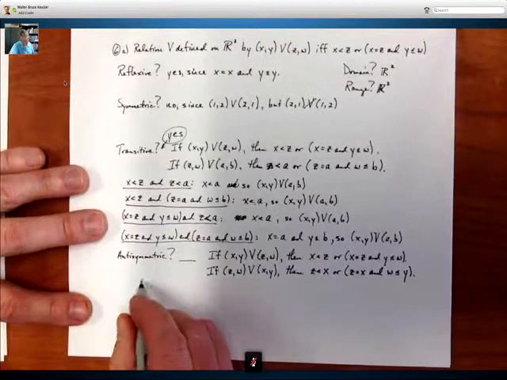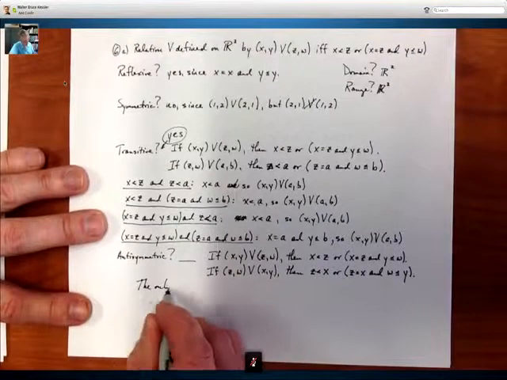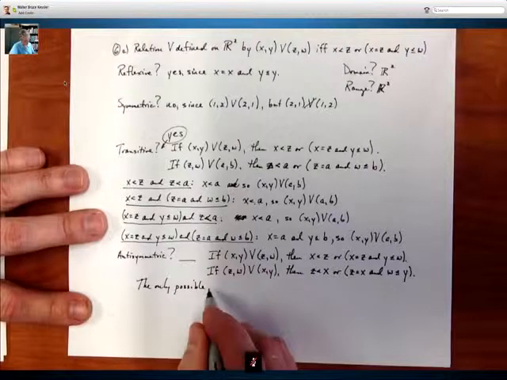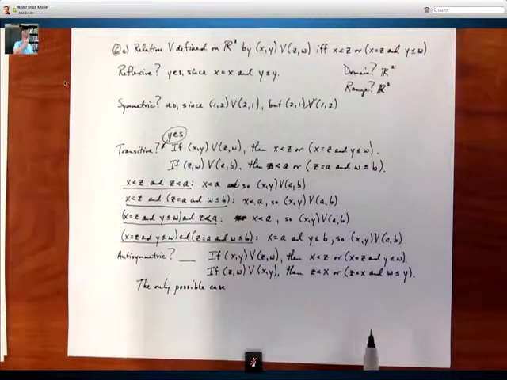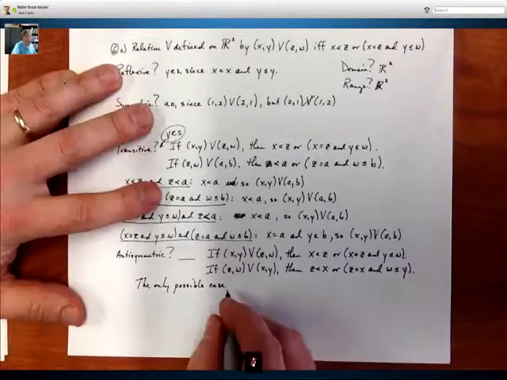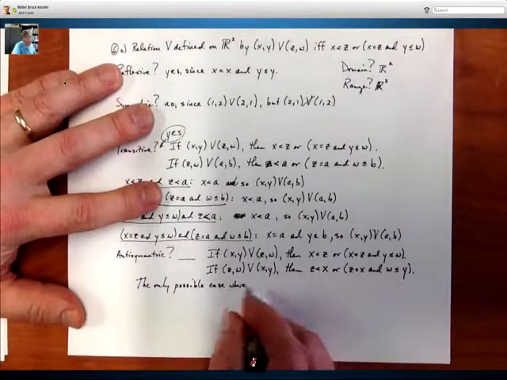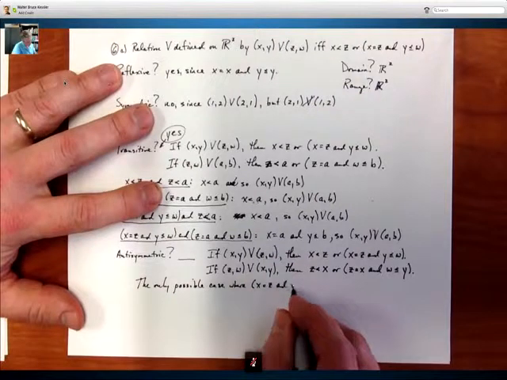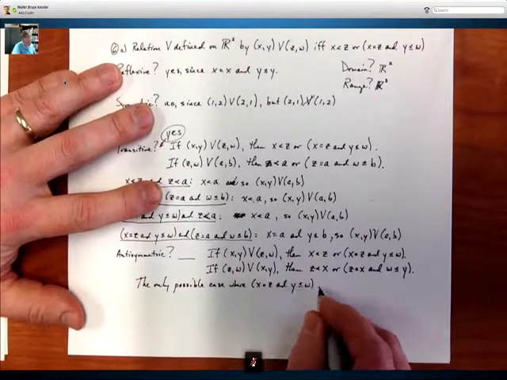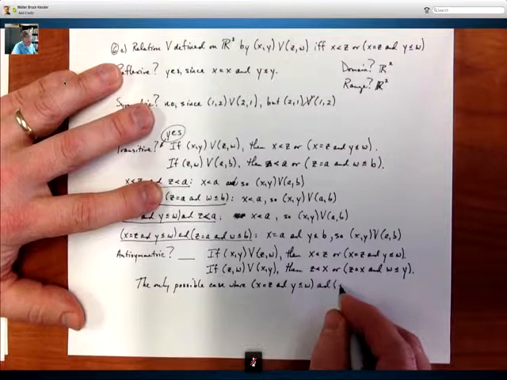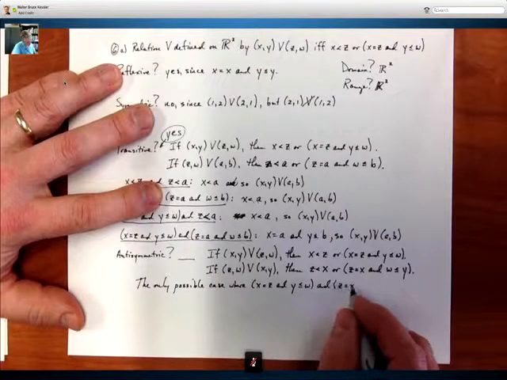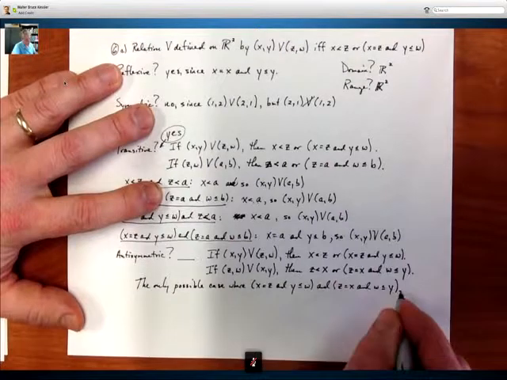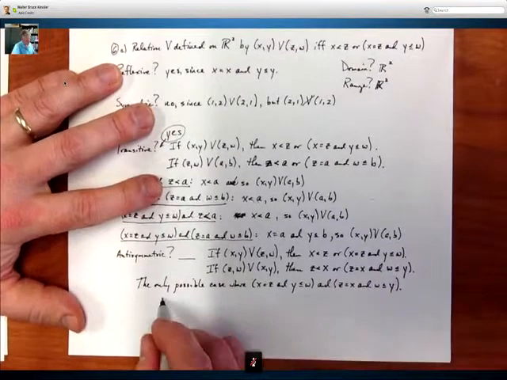So the only possible case is where x equals z and y is less than or equal to w, and z equals x and w is less than or equal to y.